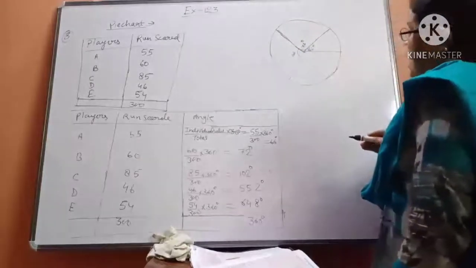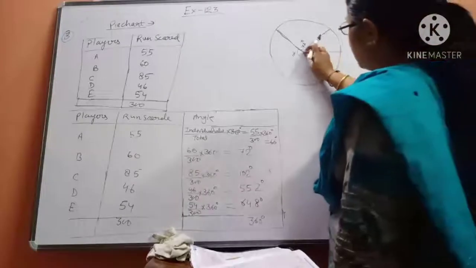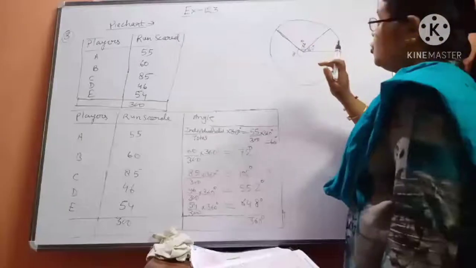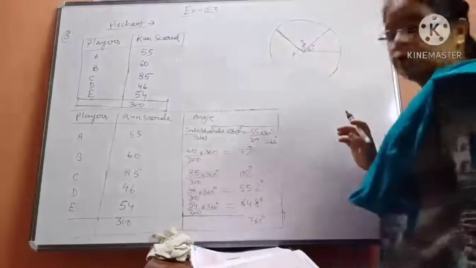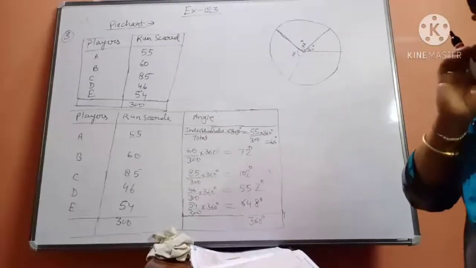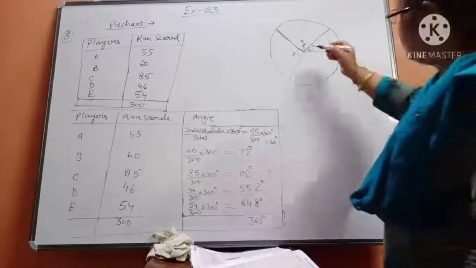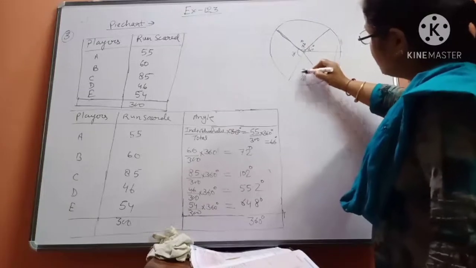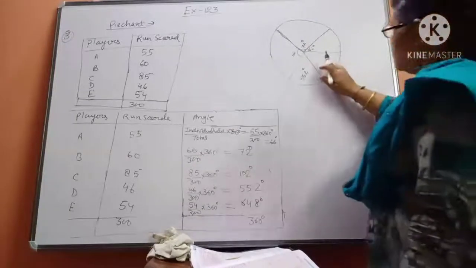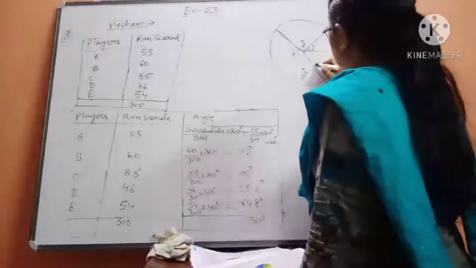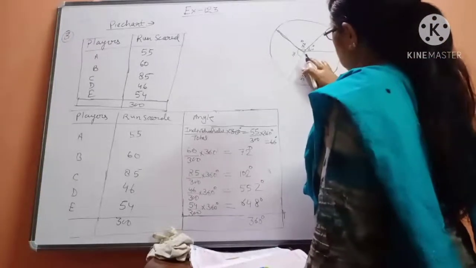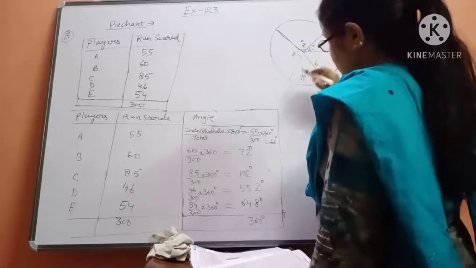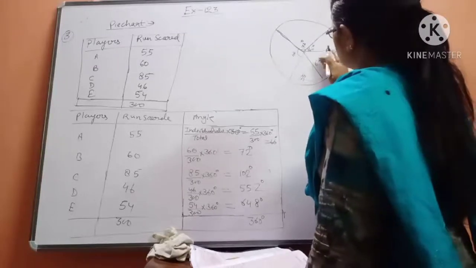And lastly, keep the protractor again on this line and make an angle of 55.2. Since 55.2 is not possible, you just make an angle of 55. So 55 will come like that and write it as 55.2. Whatever remains, if you measure it, will be near about 65, but you just write it as 64.8.